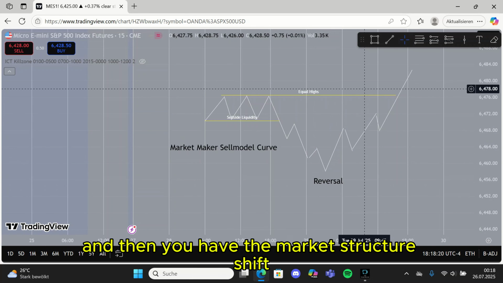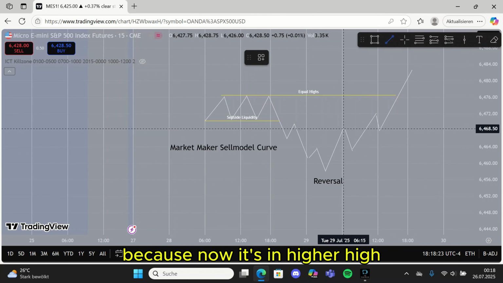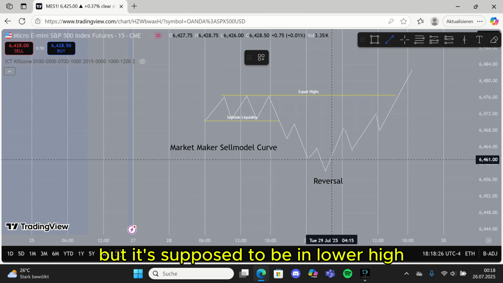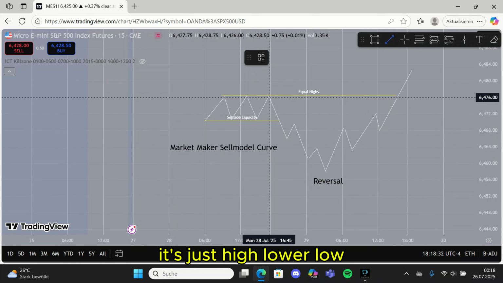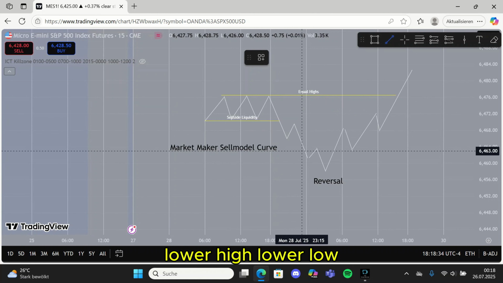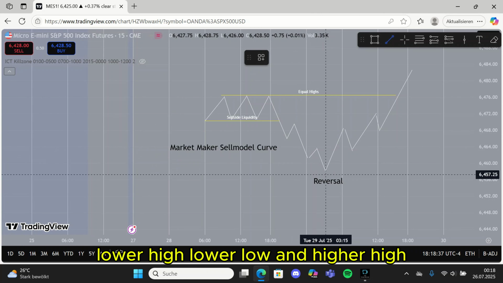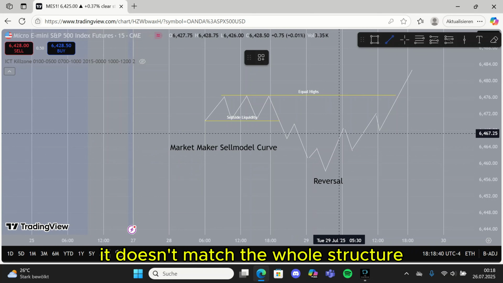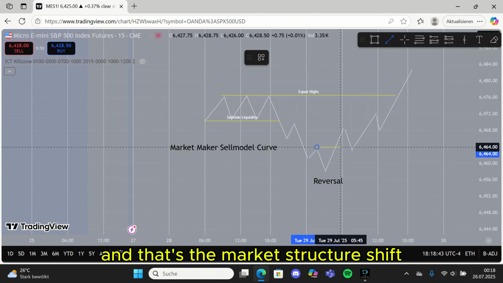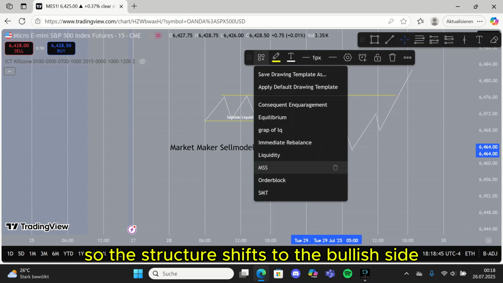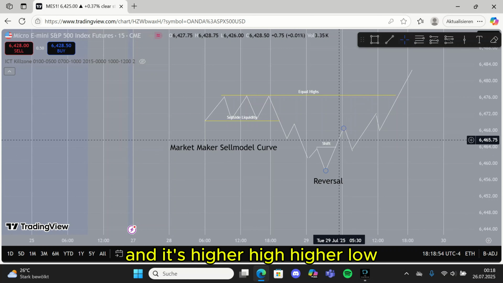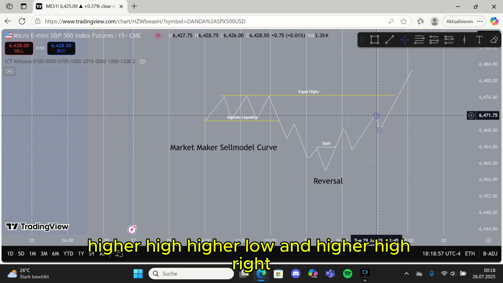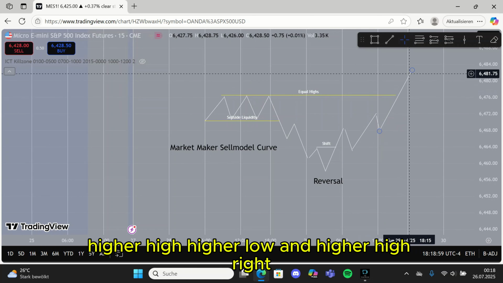And then you have the market structure shift because now it's a higher high, but it's supposed to be a lower high because that's what it does in the sell model, right? It's just high, lower low, lower high, lower low, lower high, lower low, and higher high. It doesn't match the whole structure. And that's the market structure shift. So the structure shifts to the bullish side. Now what is in place is the market maker buy model, and it's higher high, higher low, higher high, higher low, and higher high, right?